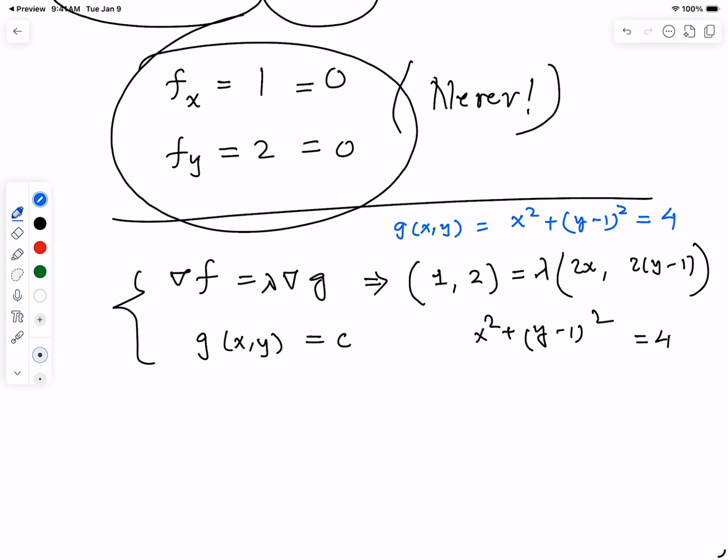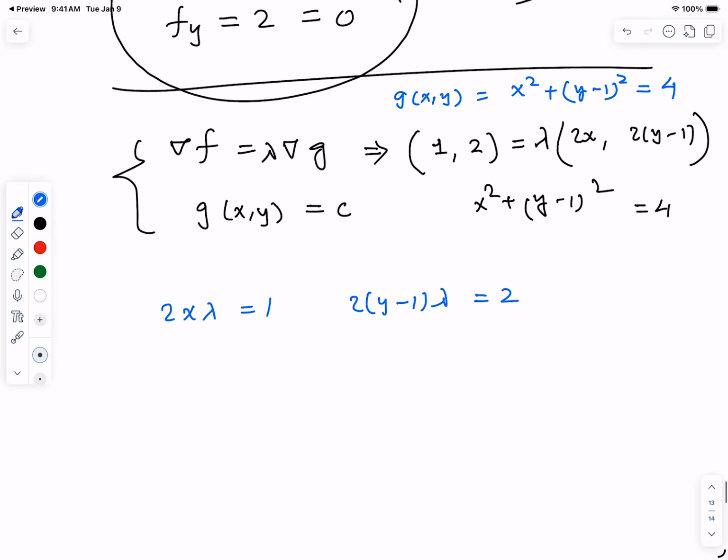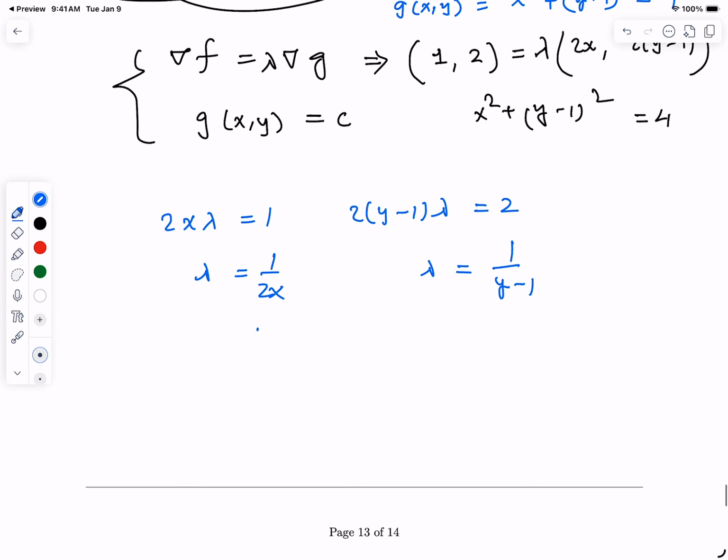So the equalities give me 2x lambda is equal to 1 and 2(y minus 1) lambda is equal to 2. So from here lambda is equal to 1 over 2x, and from here lambda is equal to 1 over (y minus 1). If I equate these two, I get y minus 1 is equal to 2x.